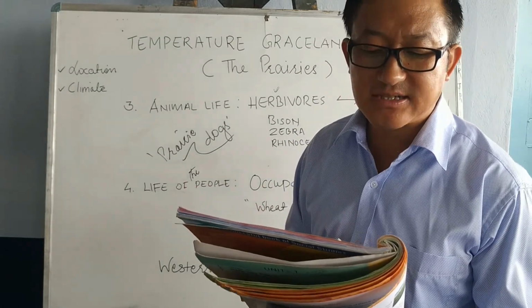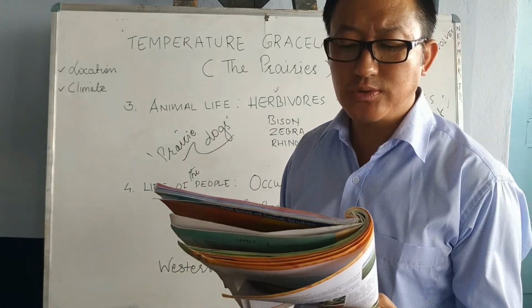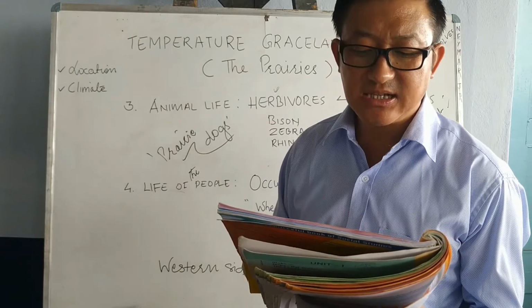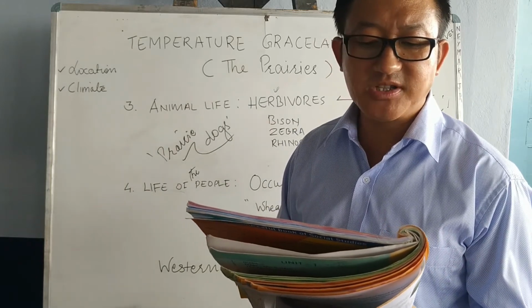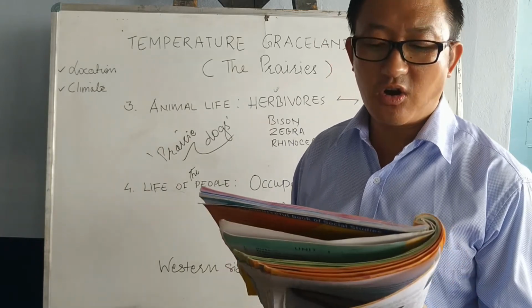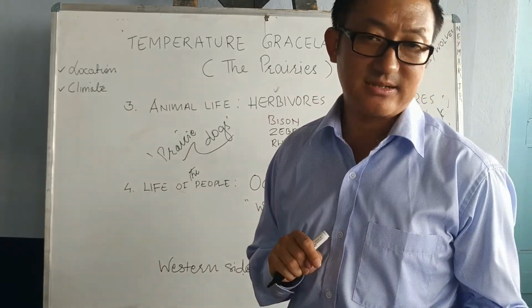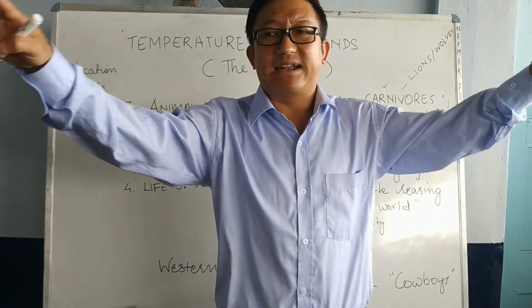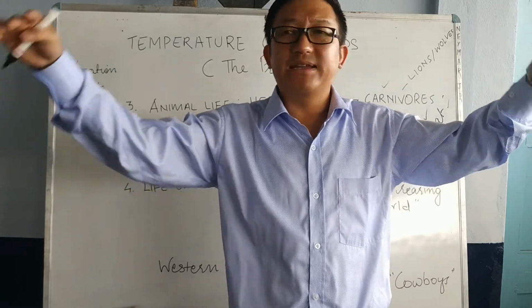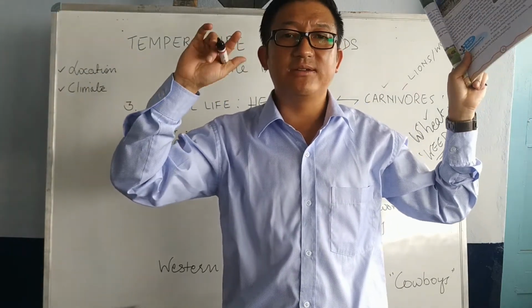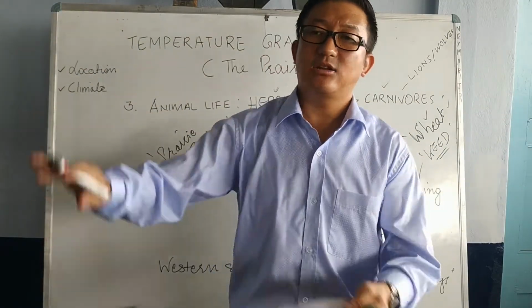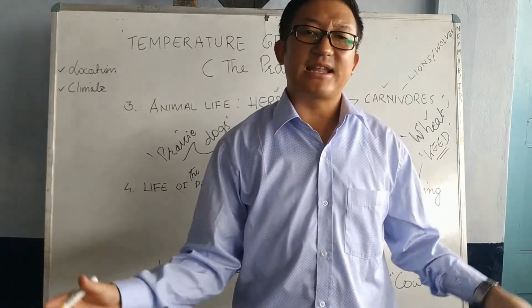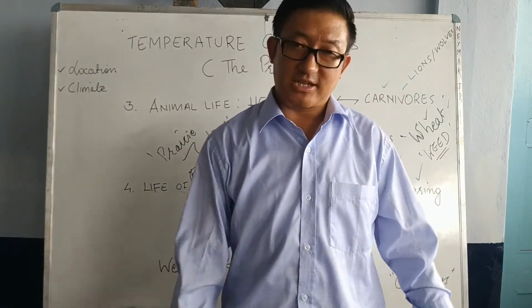Thousands of hectares of land are used for rearing cattle and horses on commercial farms called ranches. Right? Huge land. They will barricade that land, and they will keep cattle and horses there. And this land is called ranches.